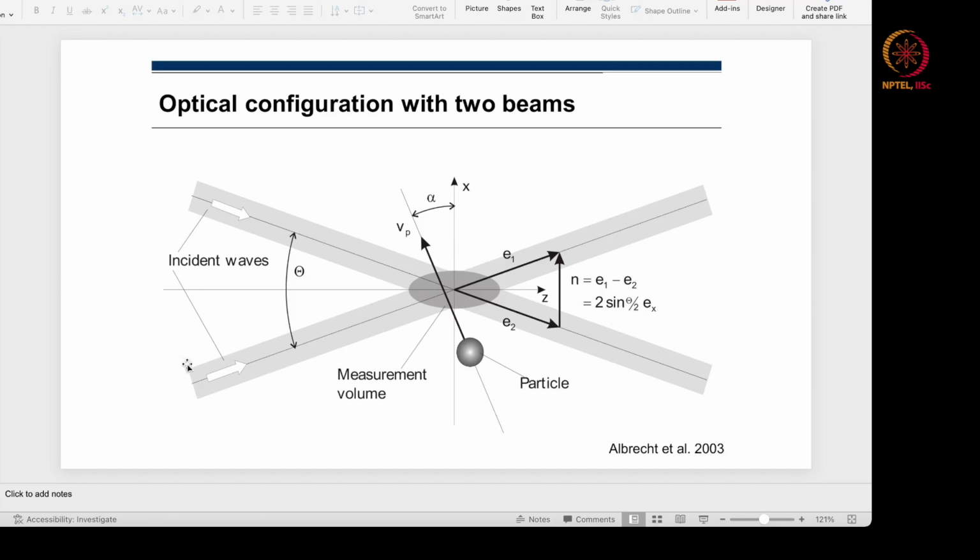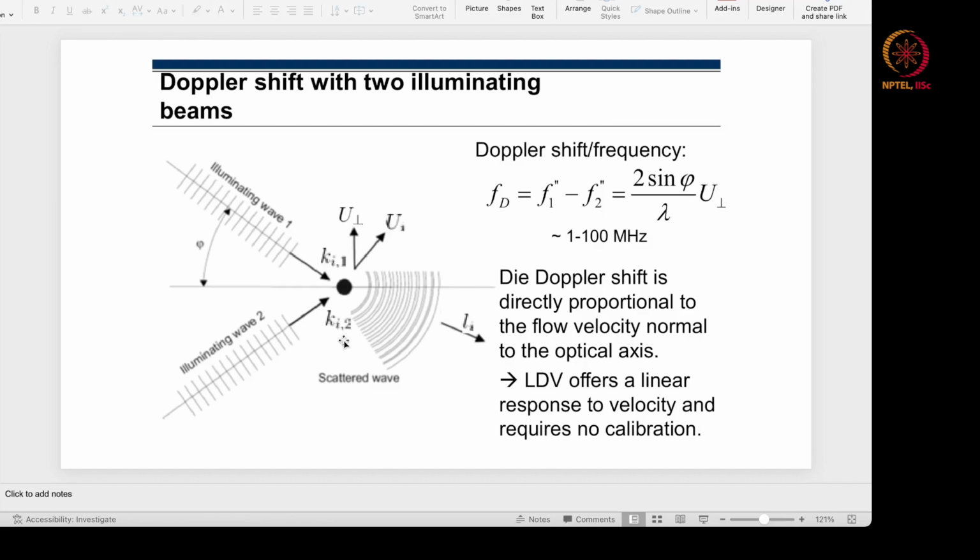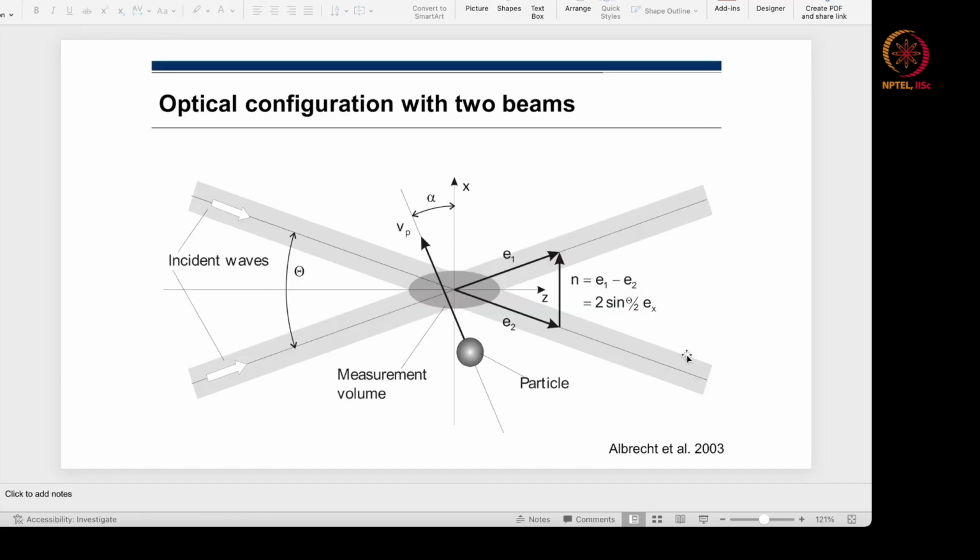In this case, it is theta by 2. In the previous slide, this was the half angle. So it's basically the same. It is the half angle, 2 sine of half the angle multiplied by Ex, where Ex is the unit vector in the x direction, and therefore it becomes the velocity in the x direction that we are actually measuring over here.